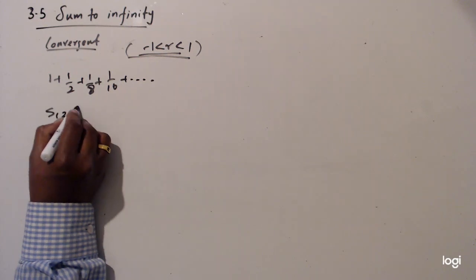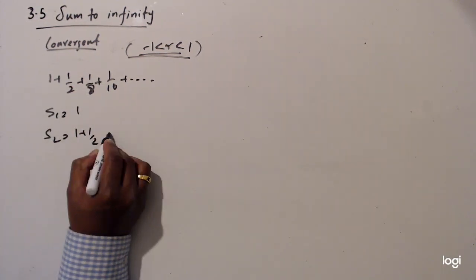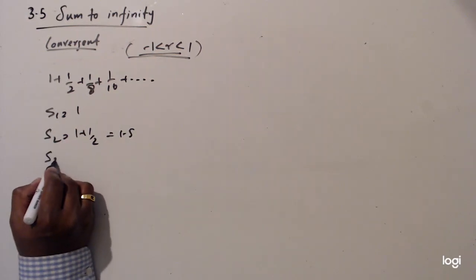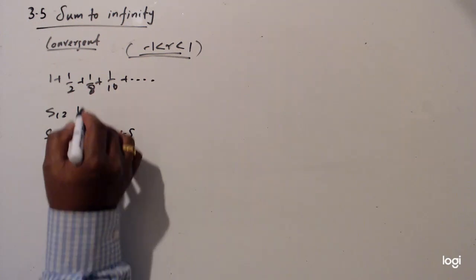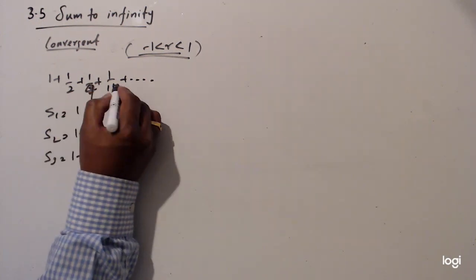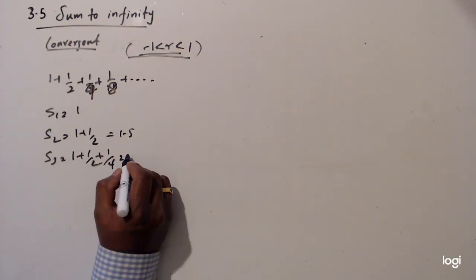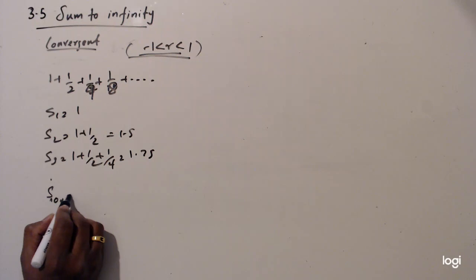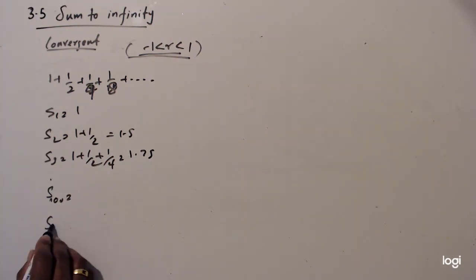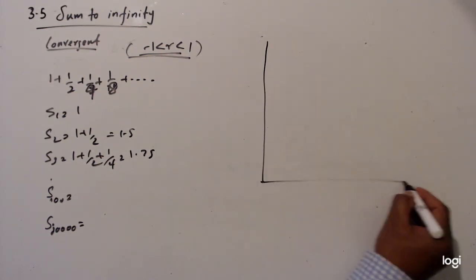And S1 is 1, S2 is 1 plus half or 1.5, S3 is 1 plus half plus 1 over 4, this is half plus 1.75, likewise S100 and S200,000.